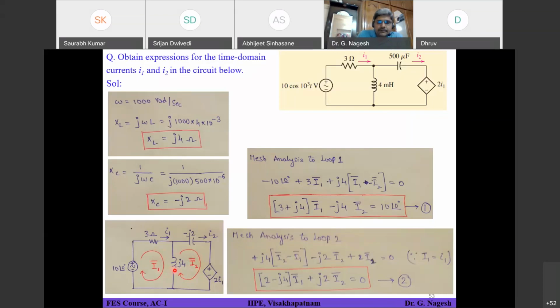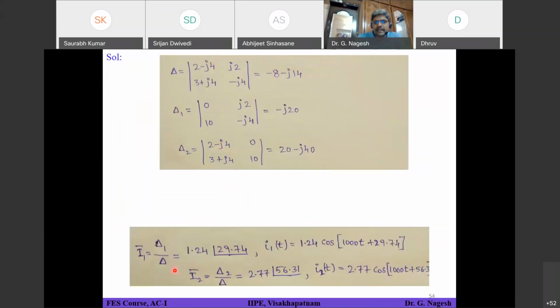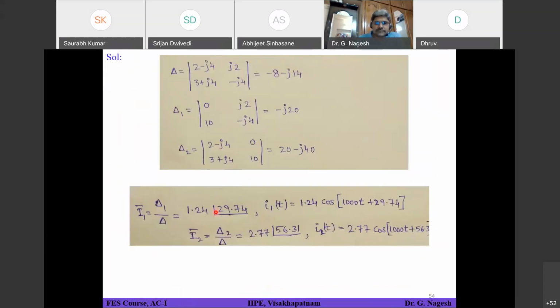If I ask you to find the current flowing through the j4 ohm inductance as a time domain function, you first calculate the difference of these two phasors, that is I1 phasor minus I2 phasor. After that you can convert it into the equivalent time domain function. Is it clear? Yes, sir.